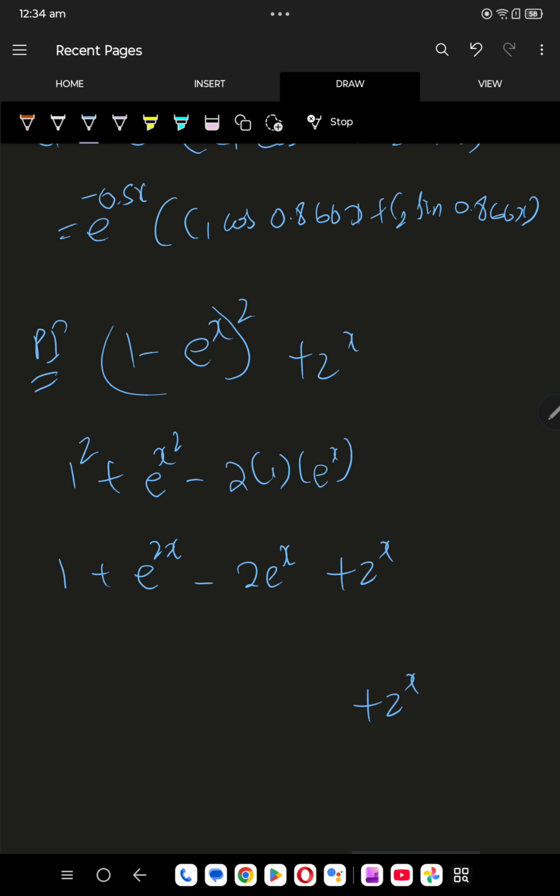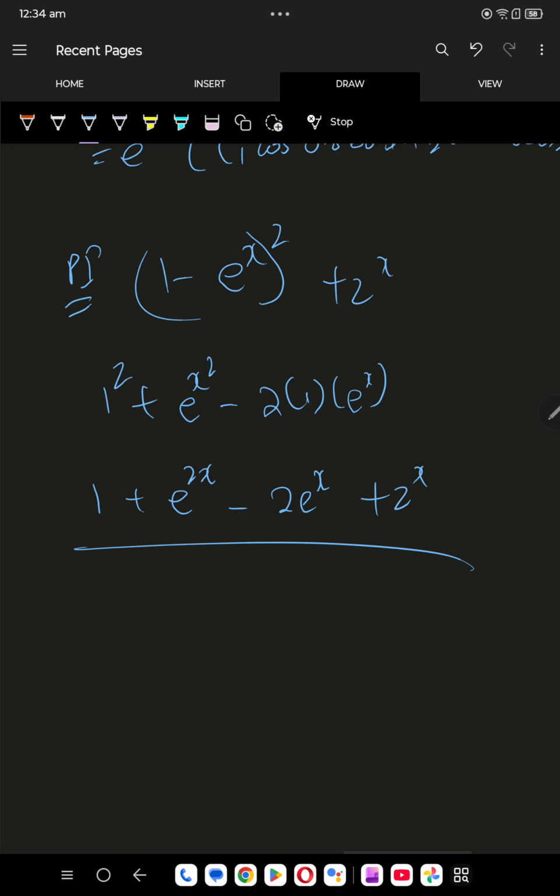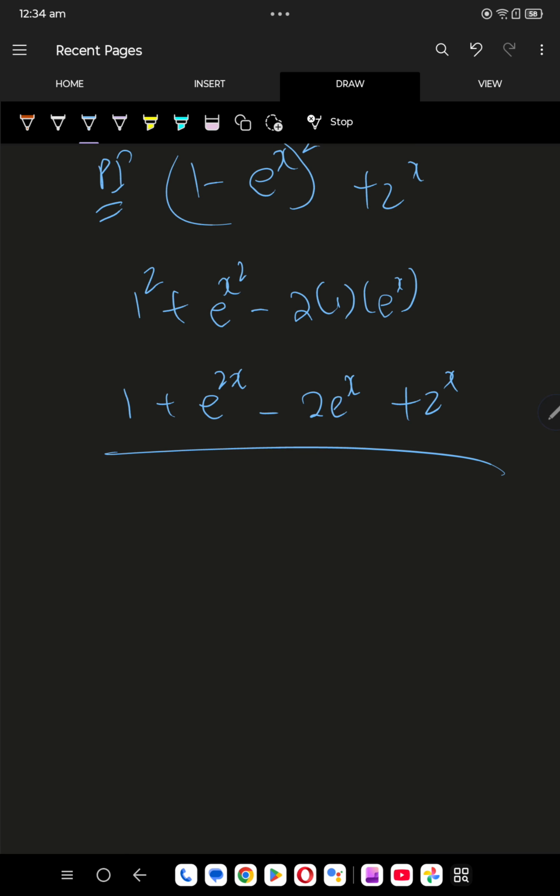So now we have to do PI for all these four terms. Let's start with the first term, 1. Does 1 have any e power? No, so D is 0. Here the term was D square plus D plus 1, so 1 by 1 you will get 1.